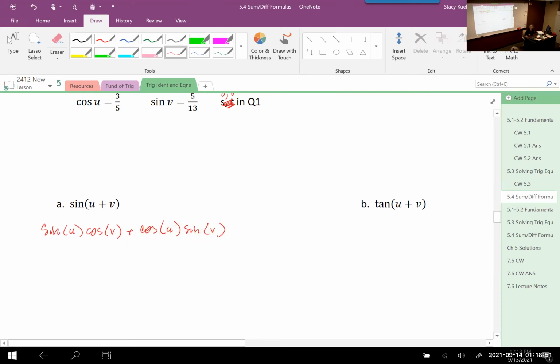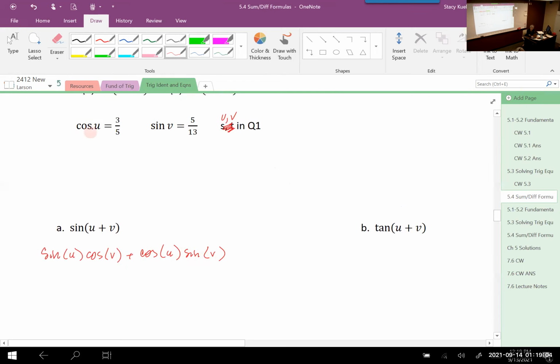That's just applying the sum identity for sine. Sine of the first, cosine of the second, cosine of the first times the sine of the second, right? I'm only given the cosine of u and the sine of v, so I'm going to have to figure out what these other values are.